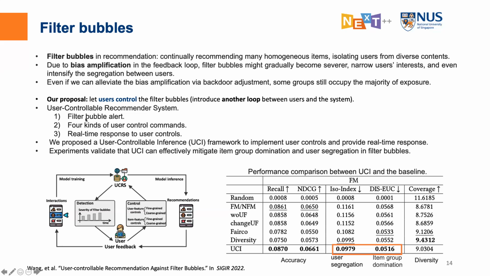The second function is that we define several control commands, and by using these control commands, the users can adjust the recommendation list based on their intention. The third function is real-time response to the user controls. It means that the recommender model should be able to adjust the recommendation list in real time, because if the user adjusts, we need to respond quickly, right? So we propose a framework to implement the controls and provide the real-time response.